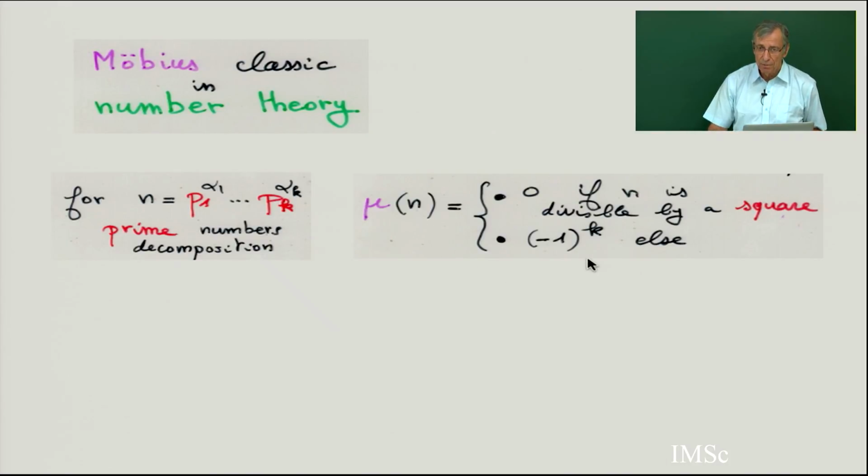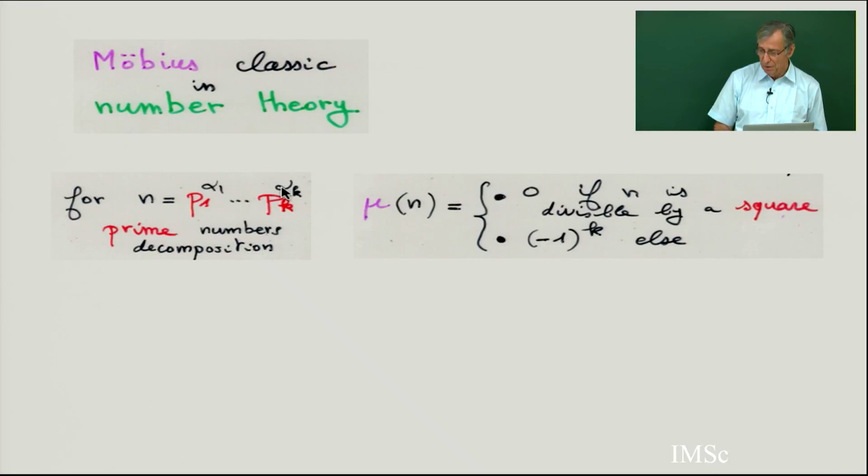And it's minus 1 power k otherwise, which means that in that case, all the integers alpha 1 to alpha k are equal to 1. So in that case, it's minus 1 to the number of primes in the prime decomposition of n.